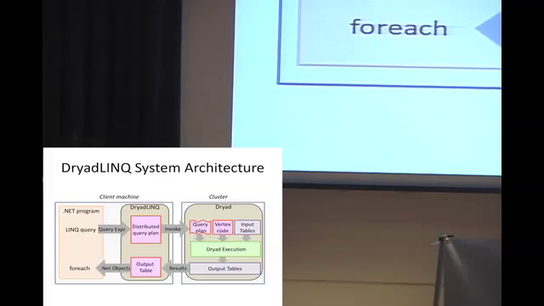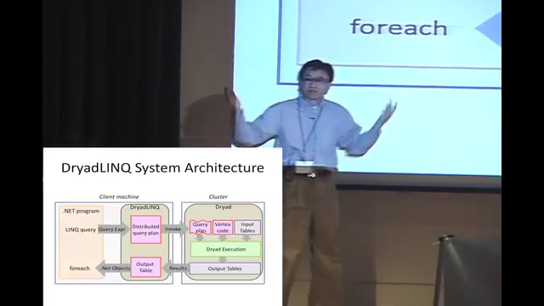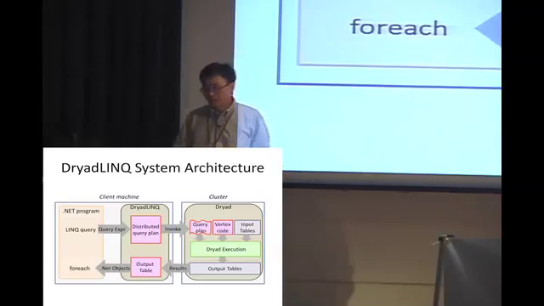Dryad takes the query plan, the vertex code, and where the table is inside the cluster, does the computation, and generates the output table. The abstraction of the output table is a .NET collection, which goes back here, and we can do arbitrary things with that collection.